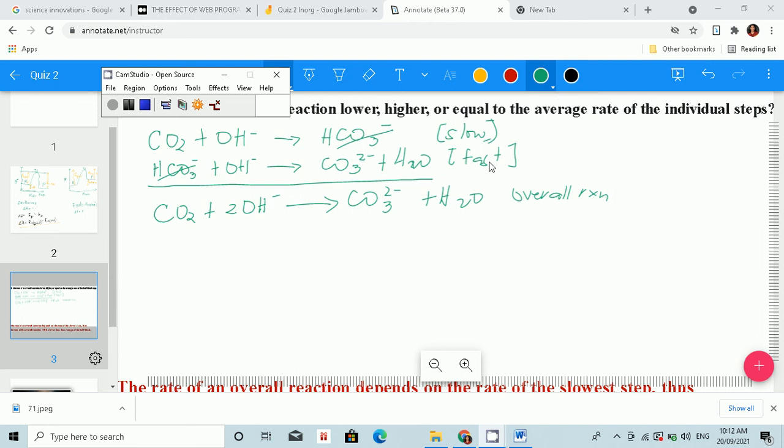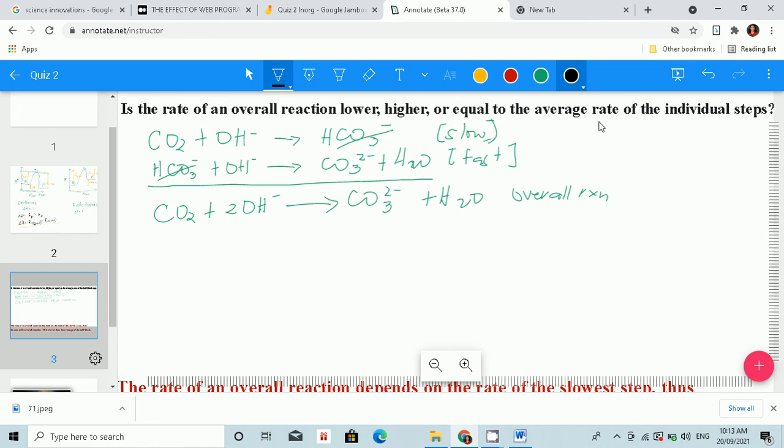Suppose we have the rate of the slow reaction as 4.0 times 10 to the negative 7, and here for the fast one, we have 4.0 times 10 to the negative 5.